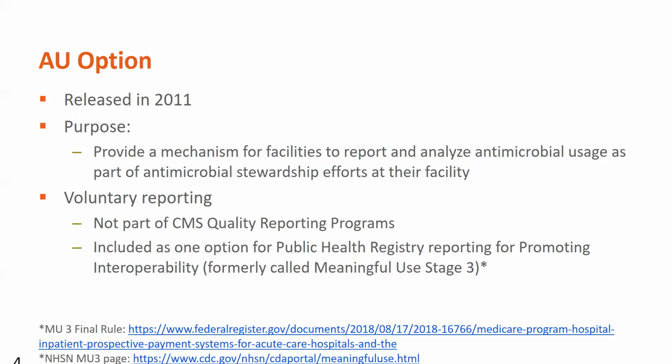There are a couple of states, Missouri is one, and Tennessee will be rolling out their requirement in this next calendar year, I believe, that require reporting of AU, and Missouri also requires AR. So keep an eye out for your state requirements in the event that they may require reporting of these data as well.